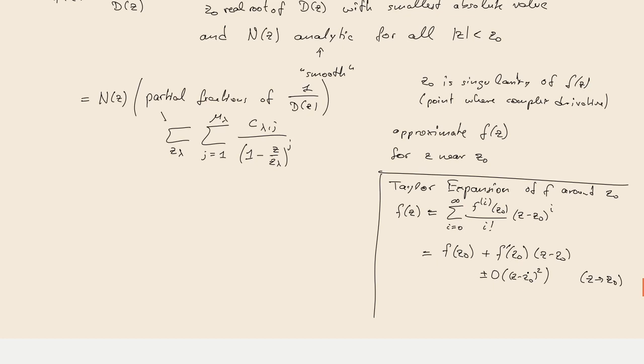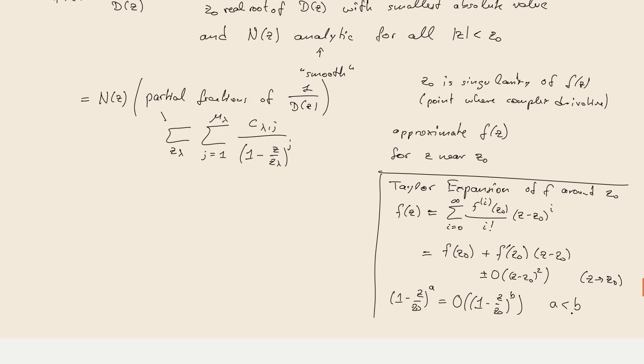So this, for example, means that terms like this are in big O of 1 minus c over z0 to the b whenever b is larger. Because if you divide this by that, then you get this to the a minus b.